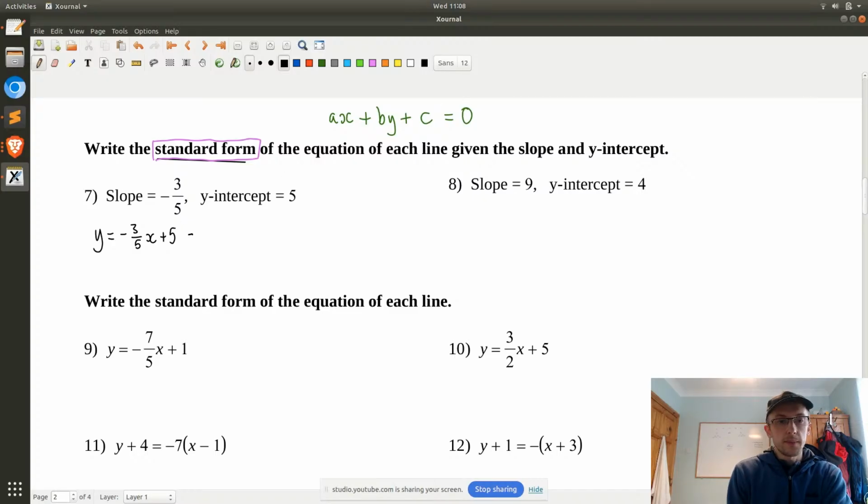So you may think, oh, this is really easy. I just move this over to the left and the 5 over to the left as well. Looks easy. Okay, let's do that. Add 3/5 of x to both sides.